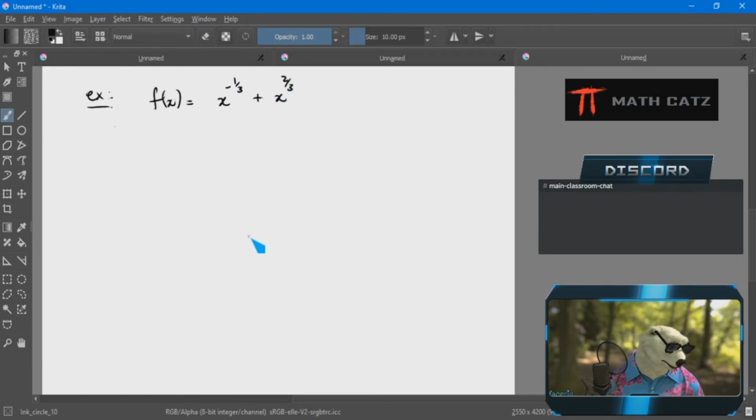Now, chances are you've never seen that kind of function before. Or you think that's a polynomial. One of those two things usually happens. This is not a polynomial. I'll say it again. That is not a polynomial.